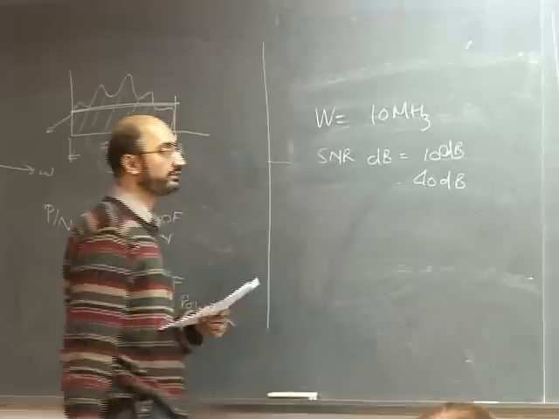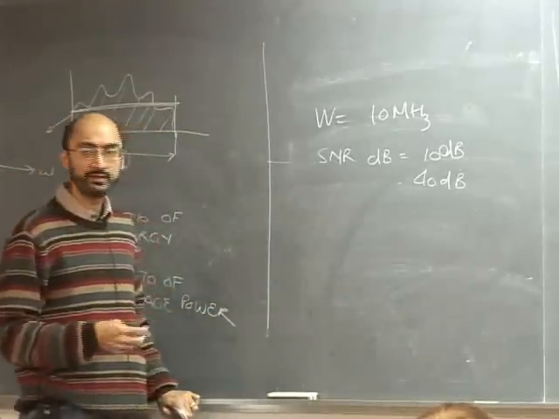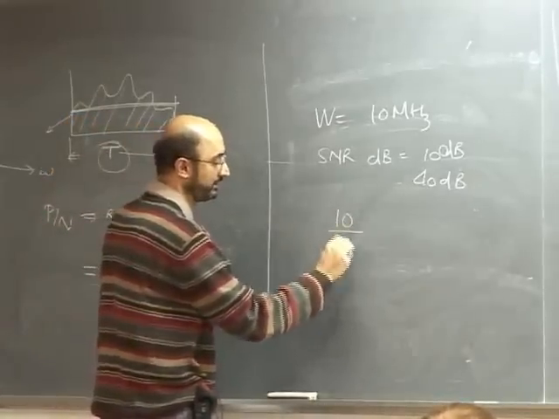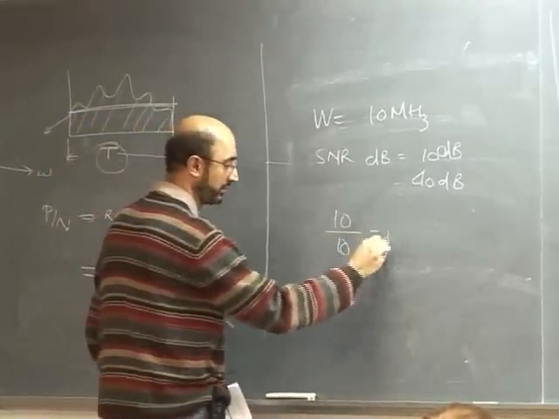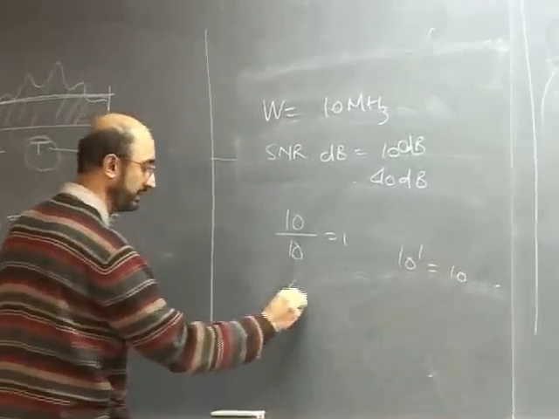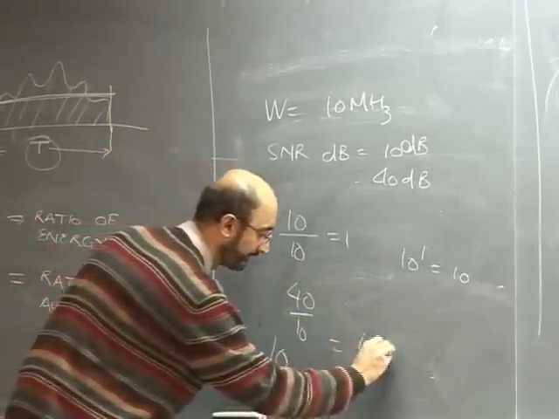The way we interpret SNR in dB is like this. We first divide by 10 and then we raise 10 to that power. So 10 dB, we divide by 10, that's going to be 1, and then we raise 10 to the 1 is equal to 10. And 40 dB, we divide by 10, we raise 10 to the power, that's 10,000.